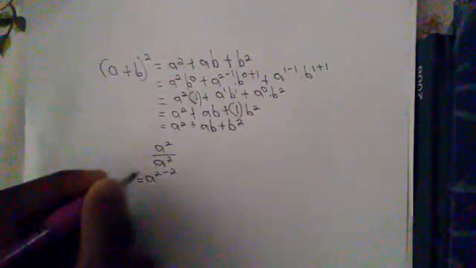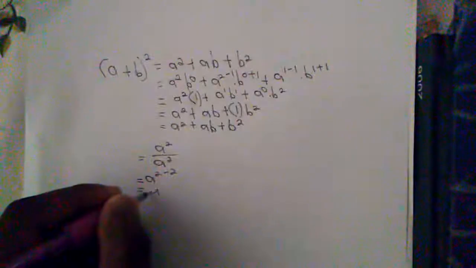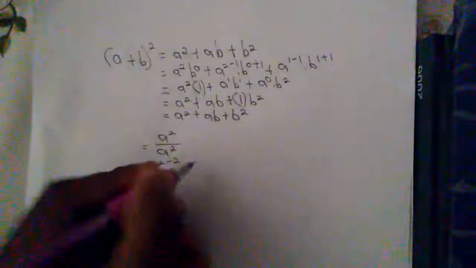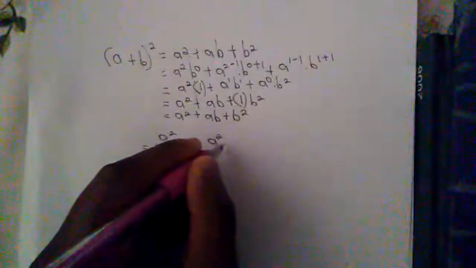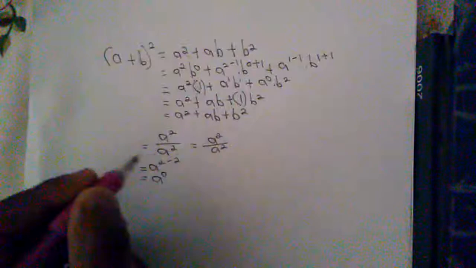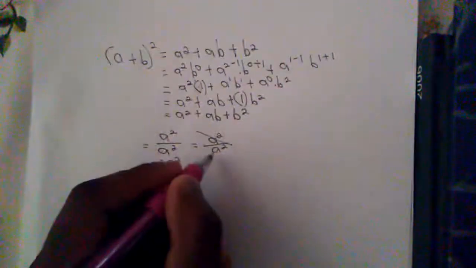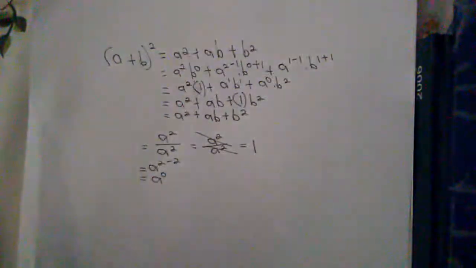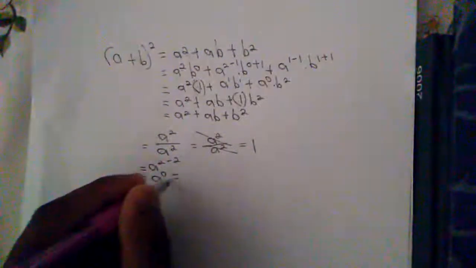So a squared divided by a squared is a to the power 2 minus 2, which is a to the power 0. This is another way of doing it. We're dividing one thing by the same thing. Since we're dividing a squared by a squared, the a squared and the a squared cancel, so you end up getting 1. So this is where the idea of anything powered by 0 equaling 1 comes from.